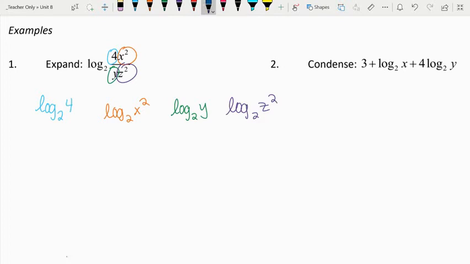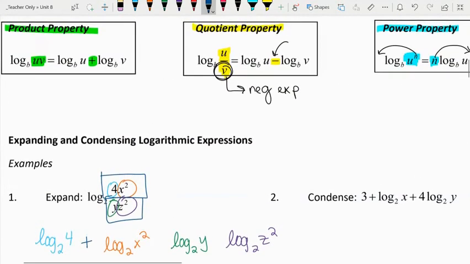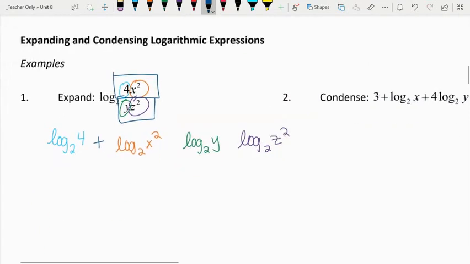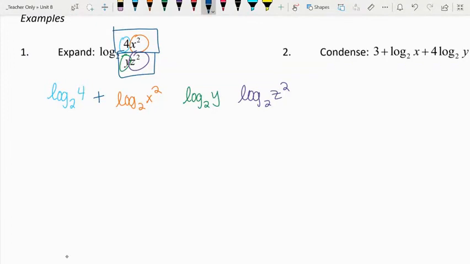Now I need to look and see what I can do from there. First off, the first two are being multiplied. They are in the numerator, so that's going to be a plus. The bottom two are in the denominator. Like we were saying up here, it's kind of like having a negative exponent because they have to go to the bottom, so they are both going to be subtracting.